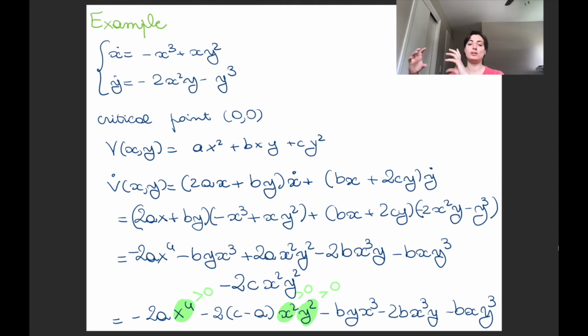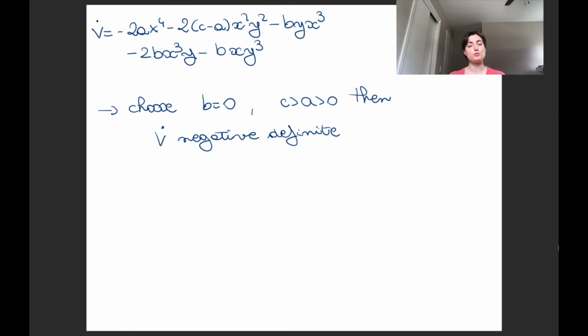And then a block of things that have odd powers. So that block of things, we don't know if it has positive or negative signs, but it's all multiplied by b. So I'm going to choose b equal to 0, and I'm going to choose c to be bigger than a, bigger than 0. Because if I choose that, then the first term, minus 2a x to the fourth, is always negative.